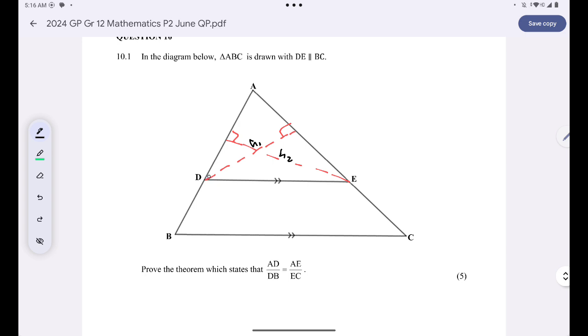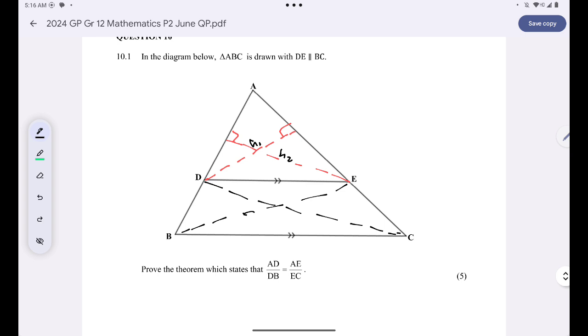After constructing the heights, other lines that you can construct are, let me just draw them in black, line DC and line EB. Why am I constructing these lines?